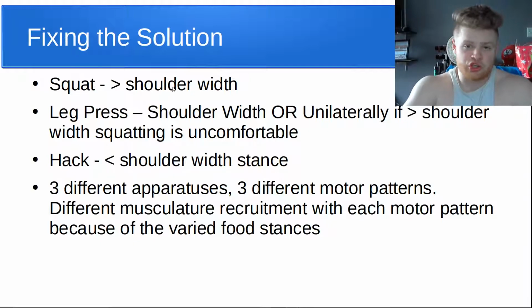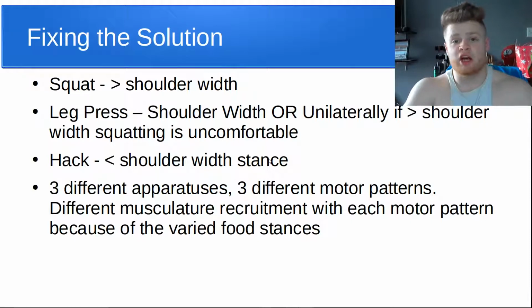And what you'll also be doing in that situation is doing the same kinesiology plane of movement, flexing the hip, but you're going to be doing it in 3 different ways: with a wide stance, a shoulder width stance, or a shoulder width stance one leg at a time, and then a narrower stance.